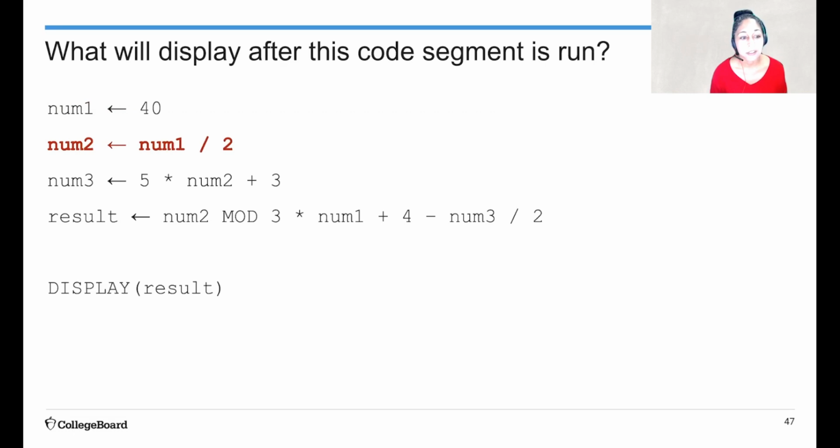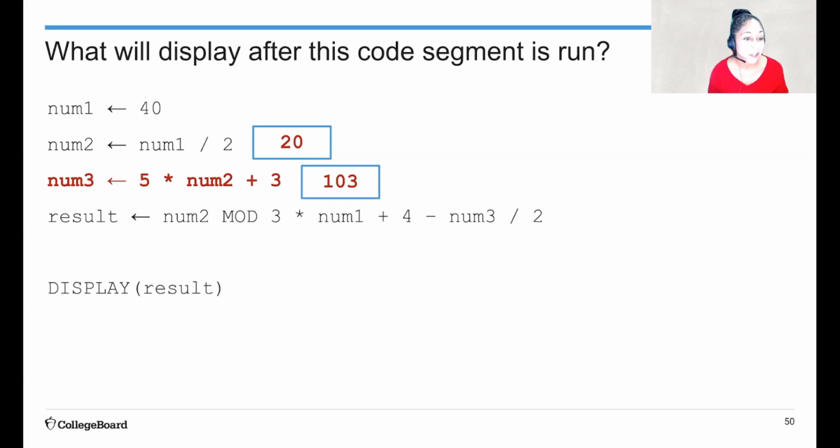Next, I am going to divide num1 by 2 and store the result of that expression inside of my variable num2, which means num2 has the value 20. Num3 is going to store the result of the expression 5 times num2 plus 3, which will give me 103.